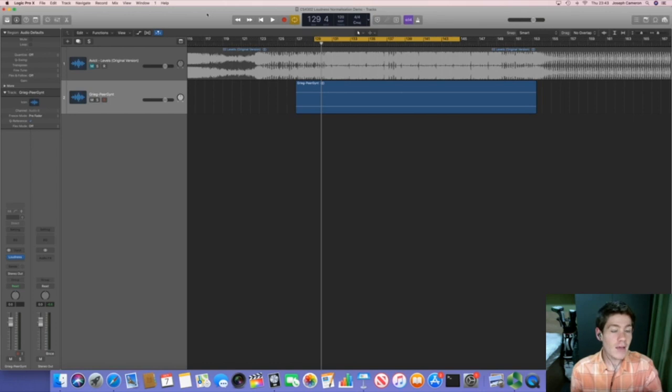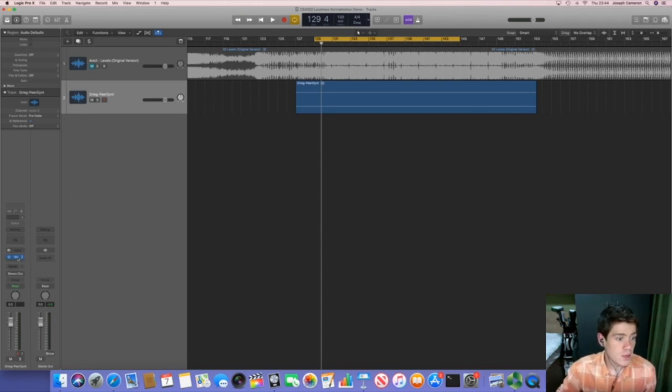Here we have Grieg, and I remember that Grieg's loudness was minus 37.8 LUFS. To normalize that to minus 14 LUFS, we just have to raise the gain, the volume, by the difference. The difference between minus 37.8 and minus 14 is 23.8.